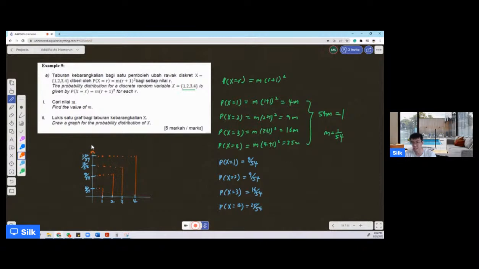So that is the answer. P(X) equal to x. This is the x. So you see, it's actually very easy if you understand the concept. Nothing hard here will come up.